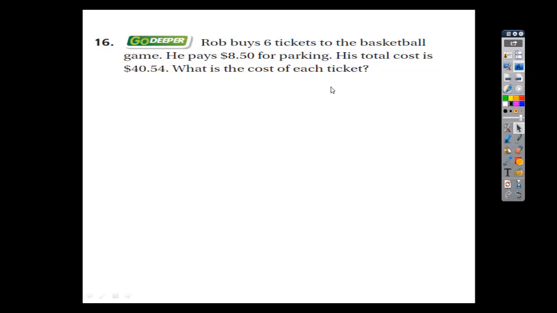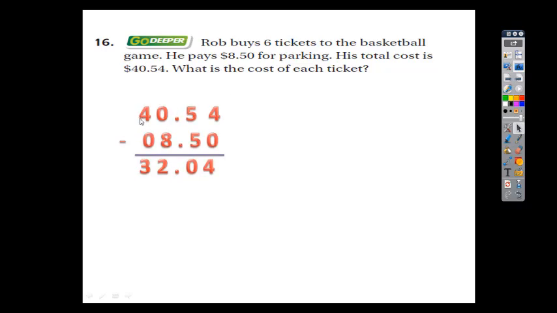So in the first step, you have to make minus 8.50 from 40.54 to get the price of the 6 tickets. After that, you have to divide by 6 to get the price of each ticket.